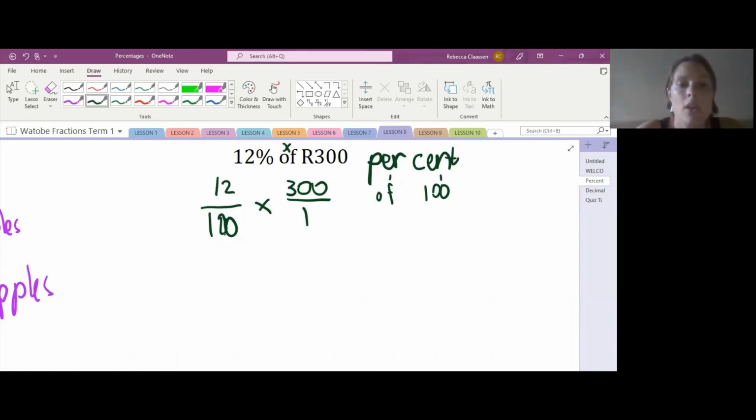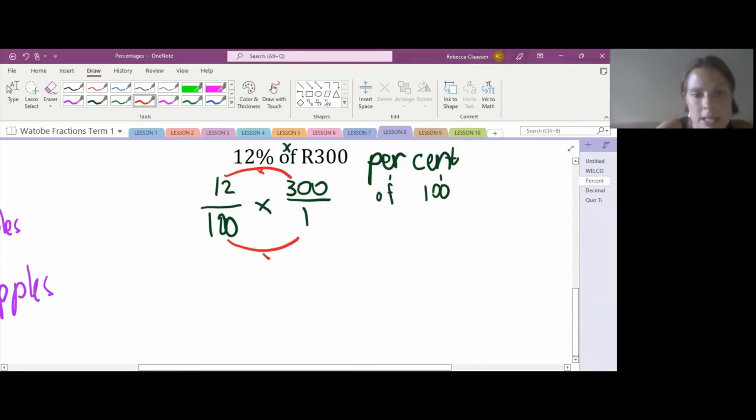Okay, now just like when we were doing multiplication before, we multiply our numerators together and we multiply our denominators together. And you can cross cancel if you want to, but I'm going to stay away from cross cancelling right now.